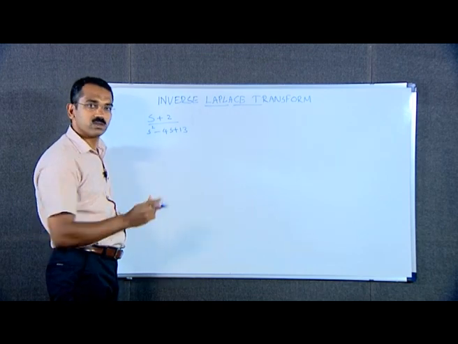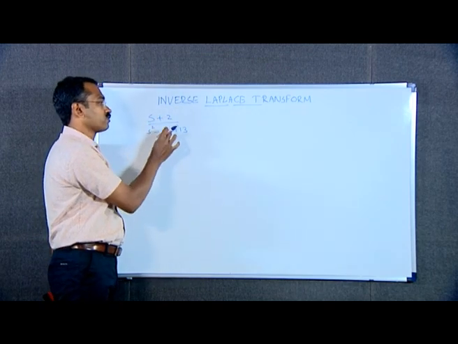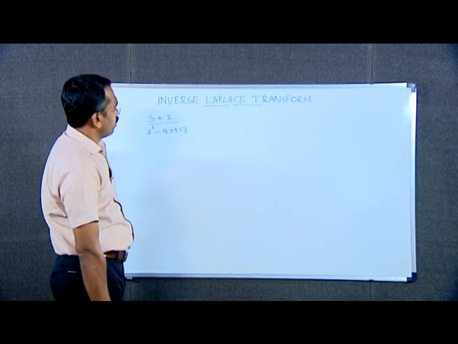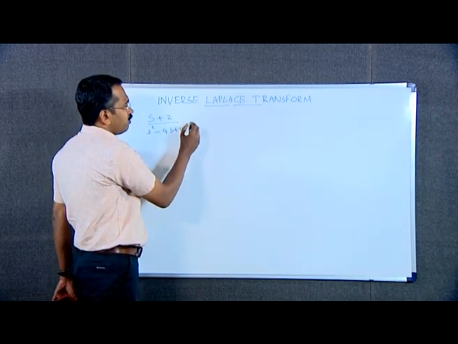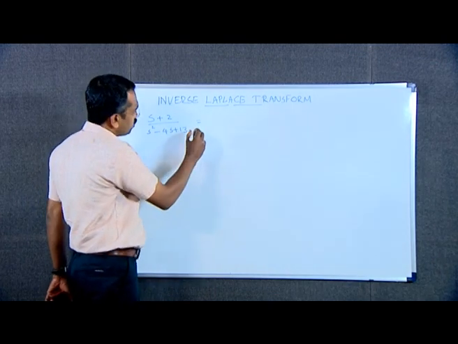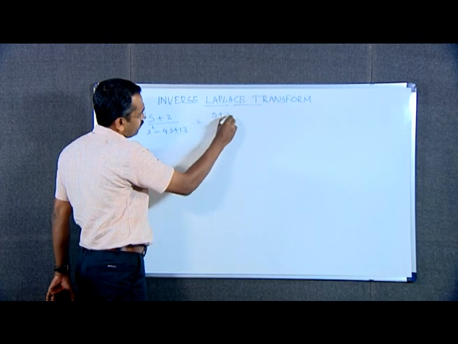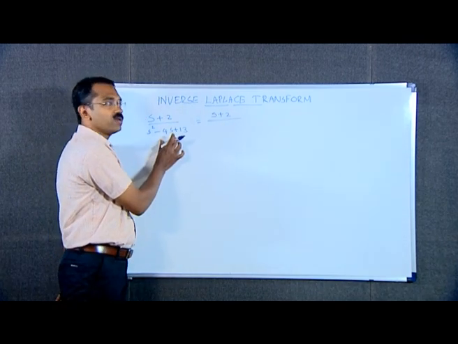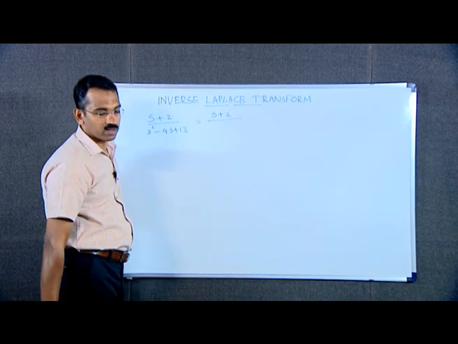We have to find the inverse Laplace transform of this function. The given function can be written as s plus 2 divided by, in the denominator we have to make a perfect square.